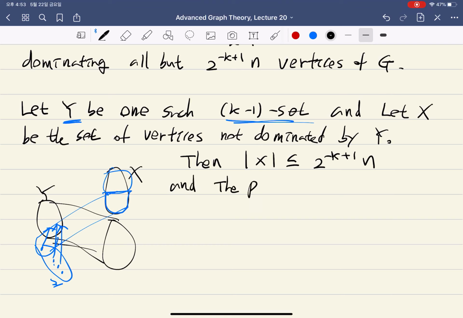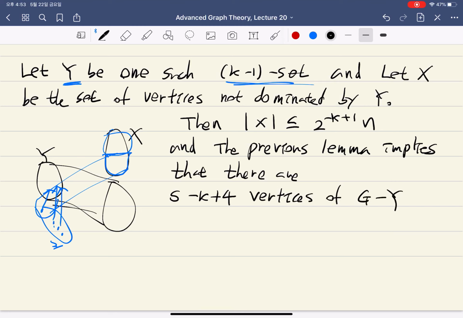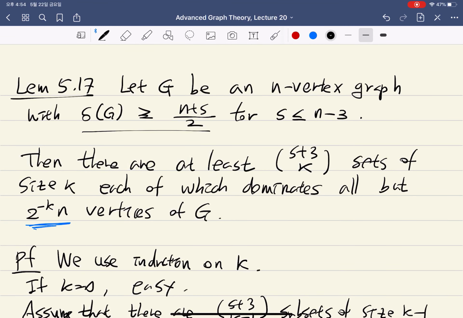And the previous lemma implies that there are s minus k plus 4 vertices of G minus Y, because now we want to choose these vertices outside of Y. So we delete Y, which has k minus 1 vertices, so the number of vertices is n minus k plus 1.